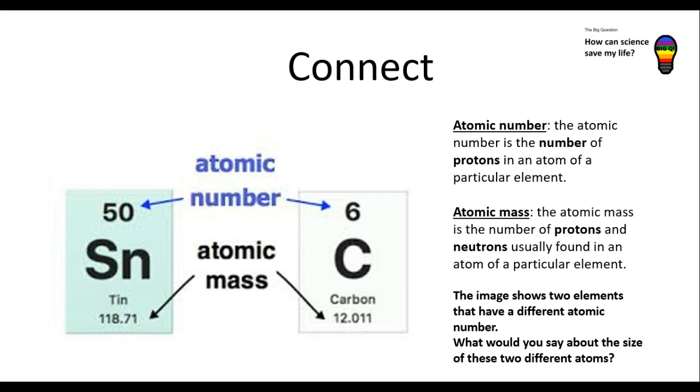And also, since the charge of an atom needs to be balanced, the same amount of protons corresponds to an equal amount of electrons. And therefore, the atoms of tin will be much bigger. And by being bigger, it means that the electrons on the outer shell will be much further away from the nucleus in the tin atom compared to the carbon atom.